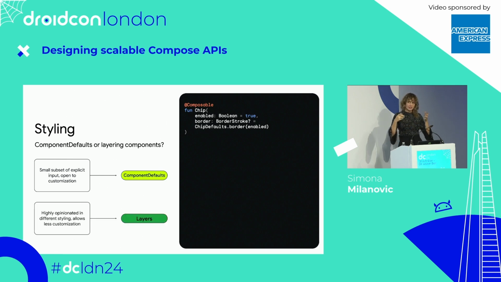While these layered high-level components are highly opinionated in a variety of these styling options, they allow less room for this kind of customization. So the choices you're going to make here are highly dependent on your own specific use case and design requirements. So try to draw the line, again, wisely between keeping things simple and polluting the API contract.